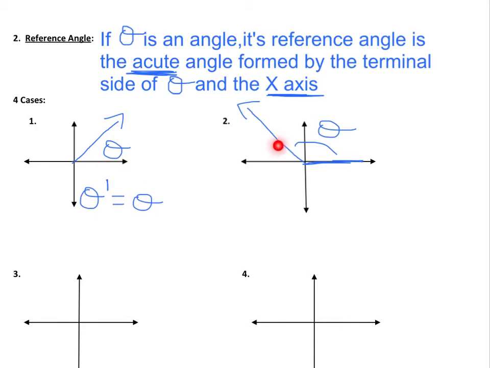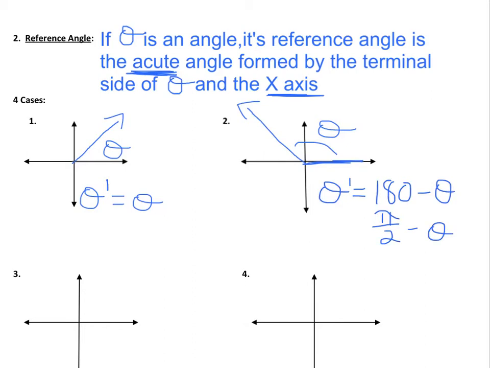If I go from here all the way to here, it's 180. So I'm just going to do 180 minus this angle, theta. So its reference angle is just 180 minus whatever theta is. If you have it in radians, then it's pi minus theta.